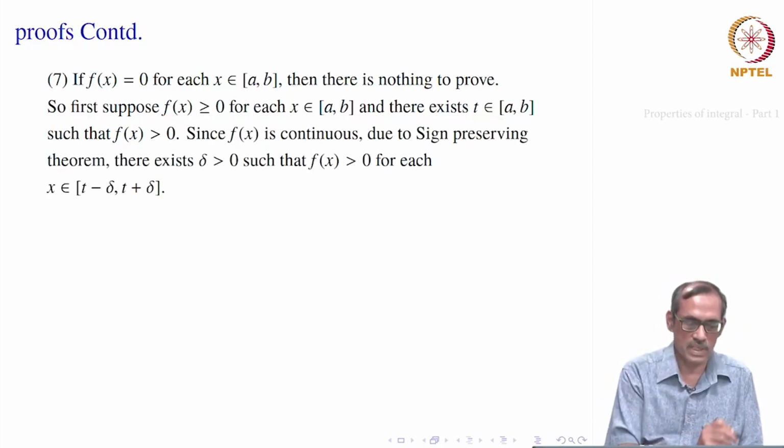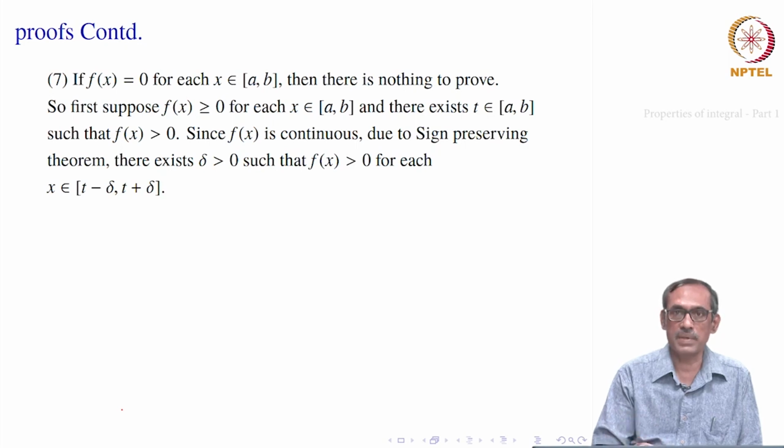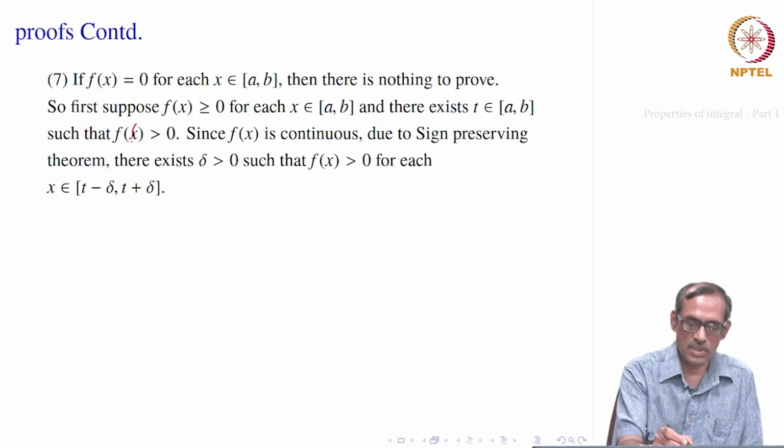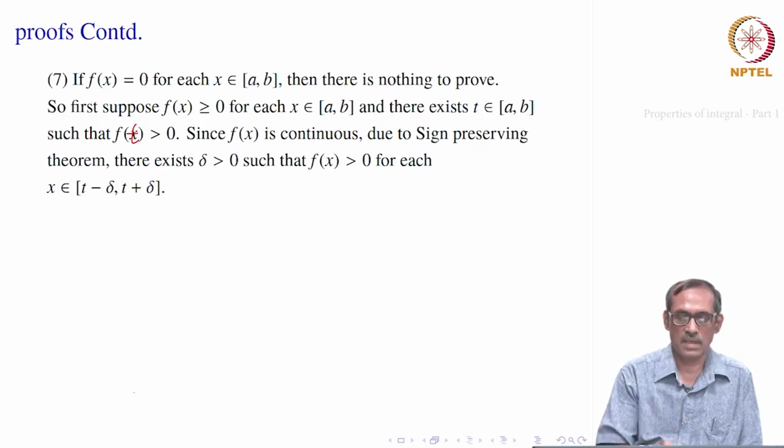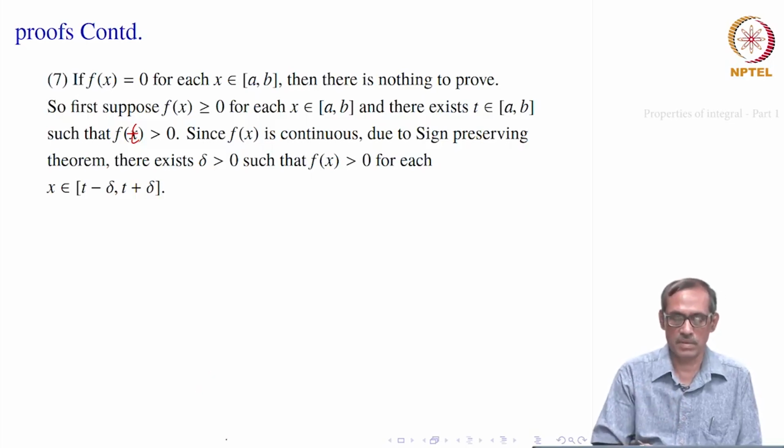Now, you use continuity. We have the sign preserving theorem for continuous functions, which says that there is a neighborhood of this t in which f of x remains positive, right, throughout that neighborhood.